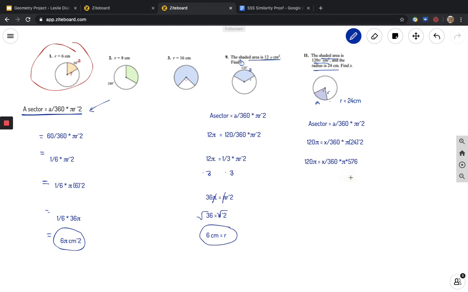Okay, so now what we see, similar to the last problem, we have pi on both sides. In order to not mess with that 3.14, we can divide by pi on both sides, which gets rid of it. Our new equation is going to be 120 is equal to x over 360 times 576.